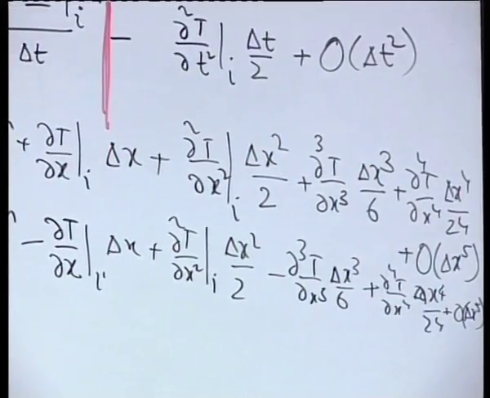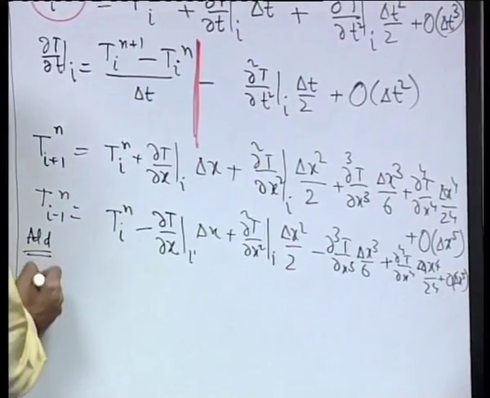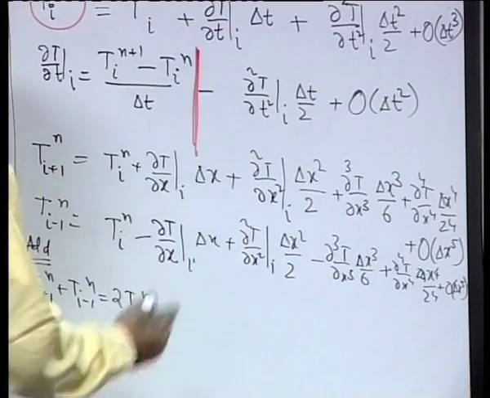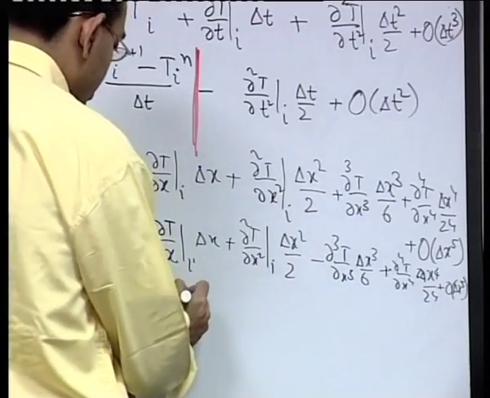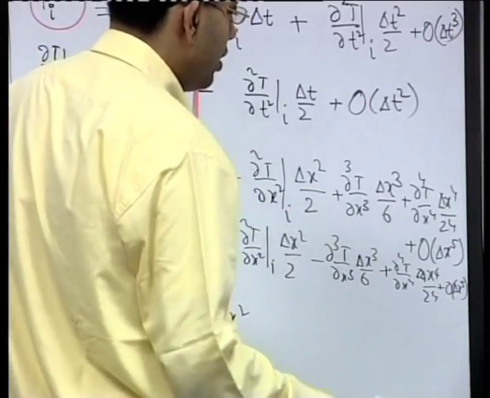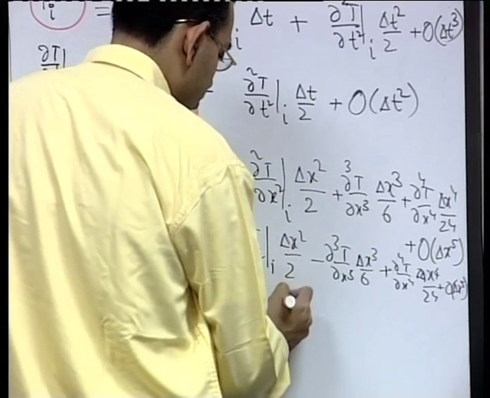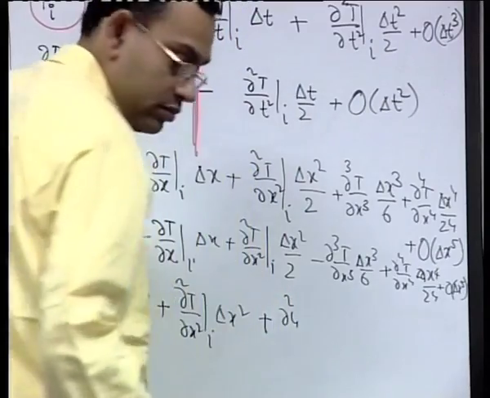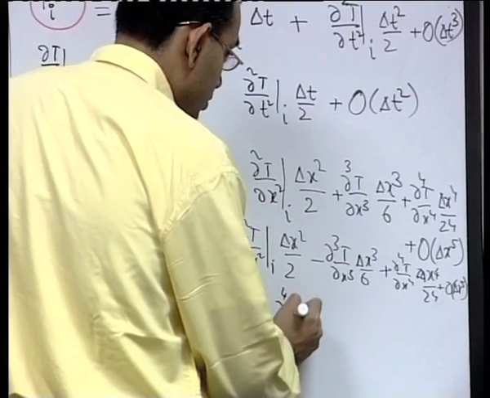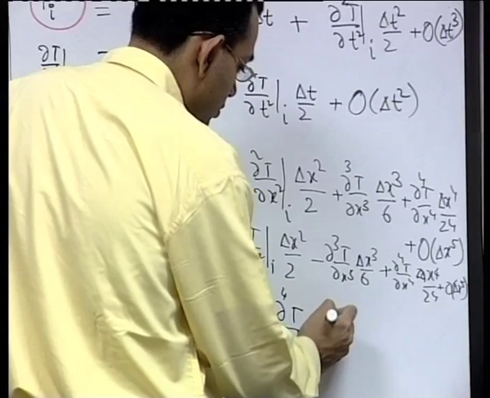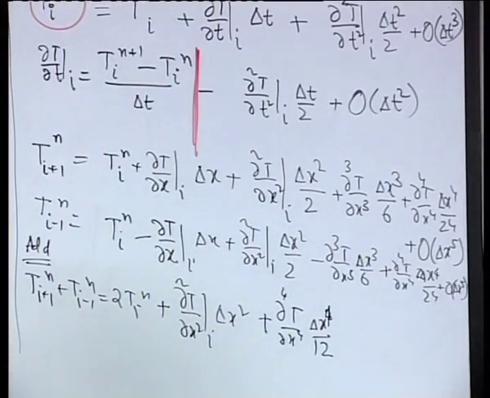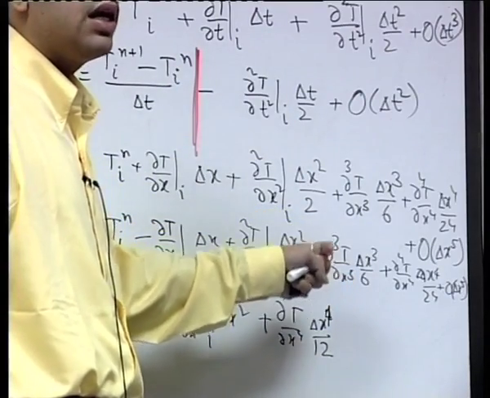Now, if we add these two, T I plus 1 n plus T I minus 1 n is equal to 2 T I n, then plus del square T del x square I into delta x square, cube terms will go away, fourth order term will remain, delta x4 by 12, then fifth order terms will cancel. So, what will remain is of the order of delta x6.